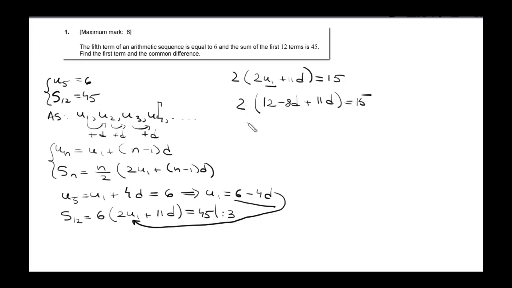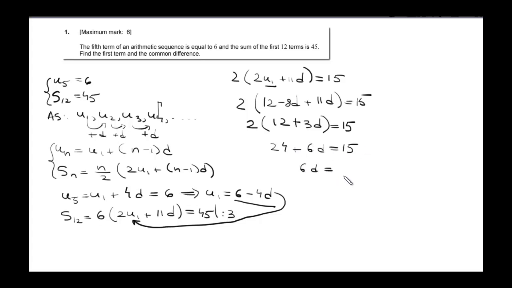So 2 into 12 plus 3d equals 15. 24 plus 6d equals 15.